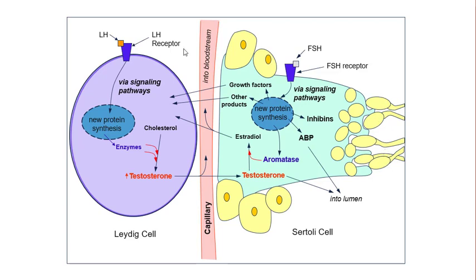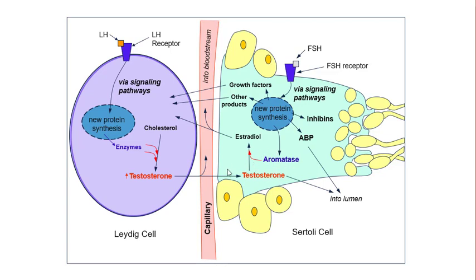And we said that the Leydig cell has LH receptors, and when LH binds, that activates signaling pathways that upregulate the enzymes that are needed to convert cholesterol into testosterone. So in response to LH, the Leydig cells make testosterone. Some of it goes to the bloodstream and will have effects throughout the periphery, and we'll talk about those in a minute. But some of that testosterone diffuses over to the nearby Sertoli cell.